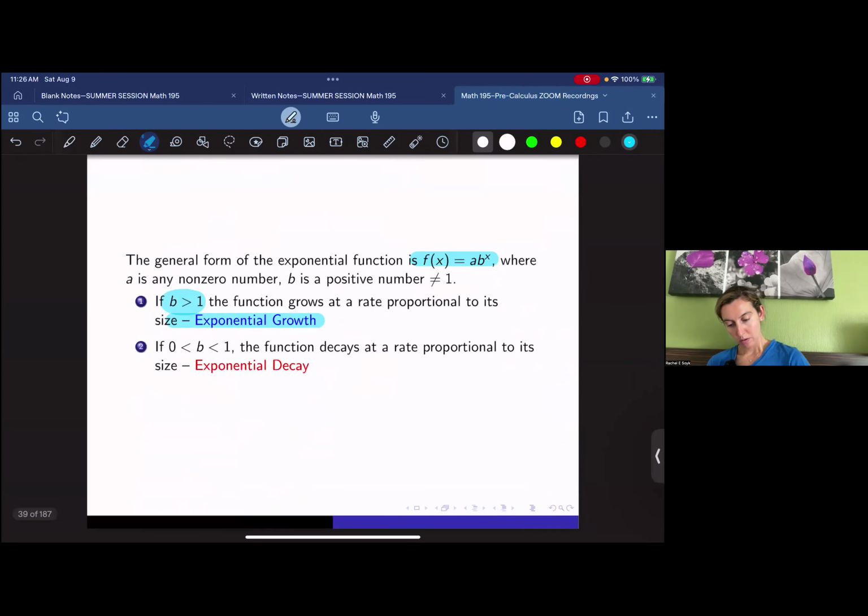Yellow. Decay is when our b value is between 0 and 1. So think fractions. Once again, our b from a few lessons back always has to be positive. Our a can be negative, but our b is always positive.